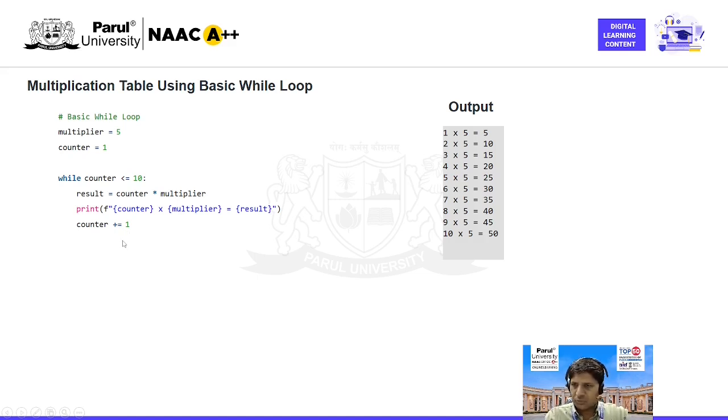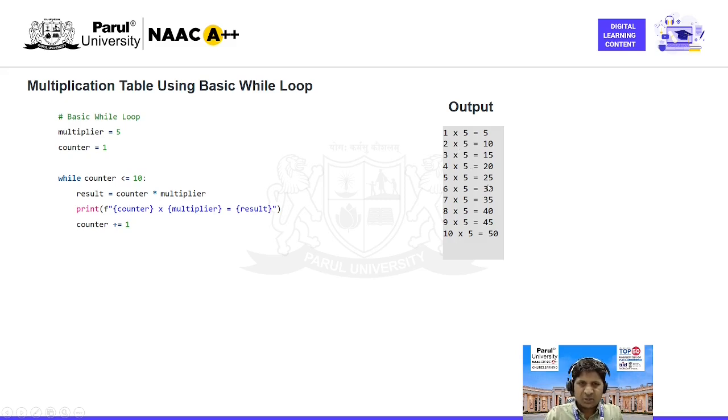Counter becomes 2. Is 2 less than 10? Yes. Result equals counter 2 times multiplier 5. The value of counter is printed here, 2. The value of multiplier is 5, and the result of 2 times 5 is 10.